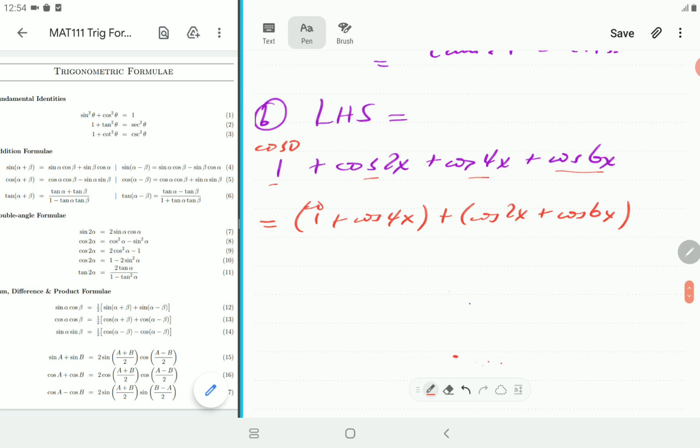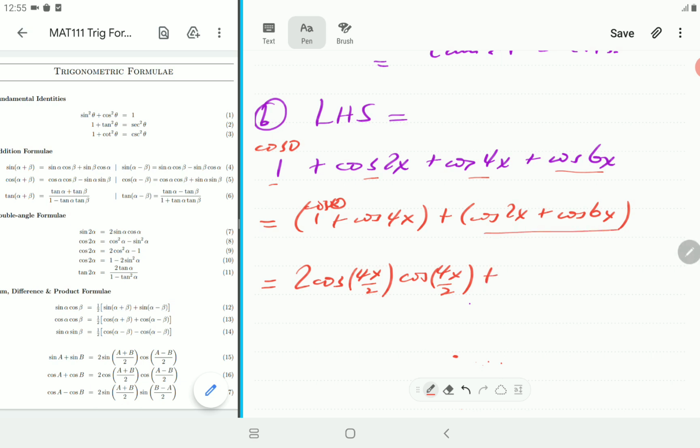Then here, if we write this as cosine 0, applying formula number 16 is going to give us 2 times cosine, so it's going to be 0 plus 4, which is just 4 over 2, and then the other one is going to be 4 minus 0, which is just 4 over 2 again. So that one's going to give us actually cosine squared 2x.